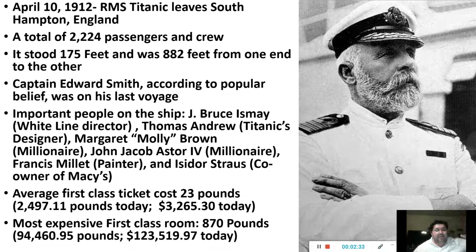That was wow back then. And more impressive, it was 882 feet from one end to the other. It was a mega ship. Nowadays, we do have bigger ships, but back then, that was like, oh my God. And that's why they nicknamed it the unsinkable ship, because they were like, nothing this big could ever sink.